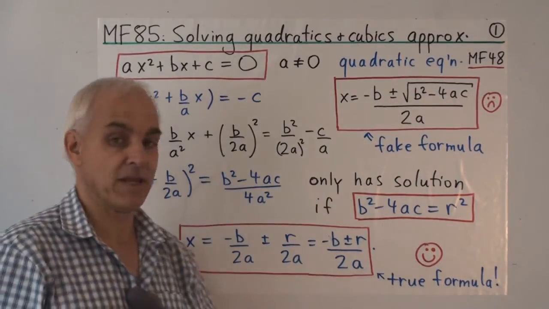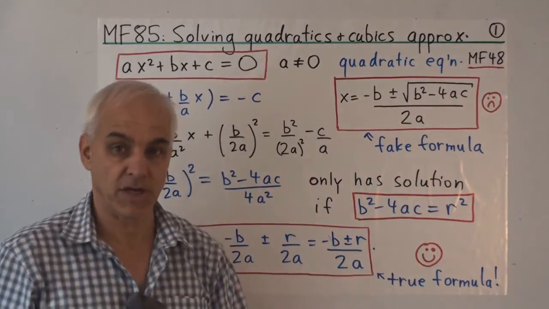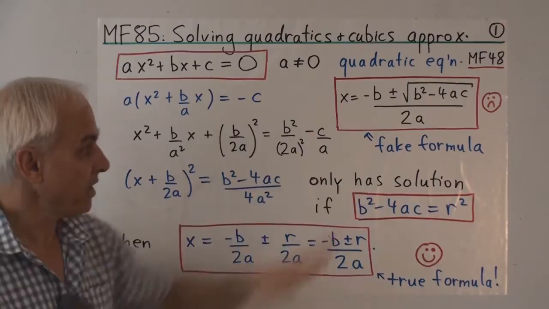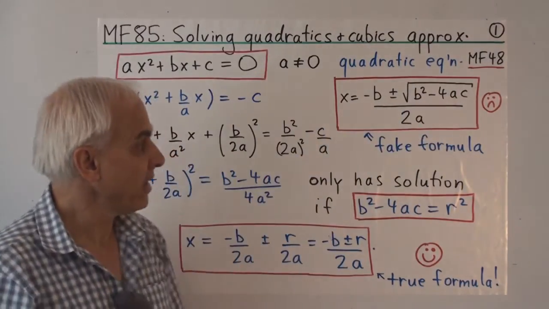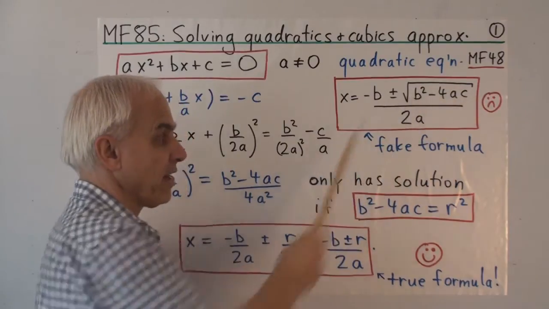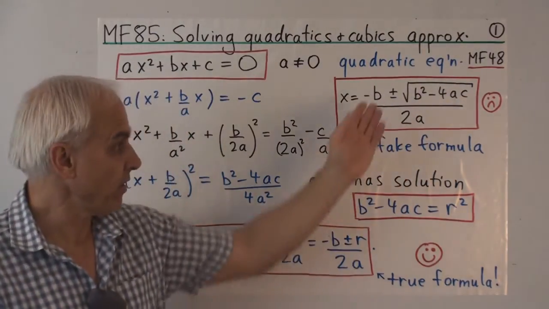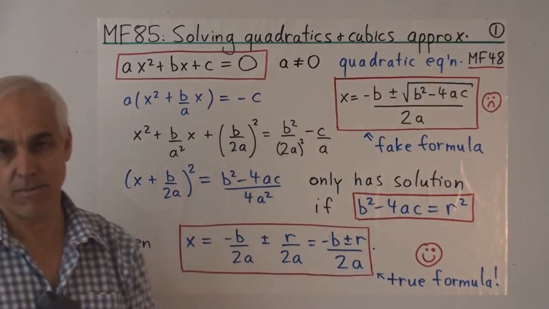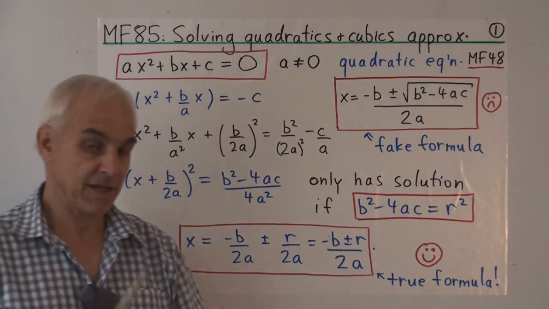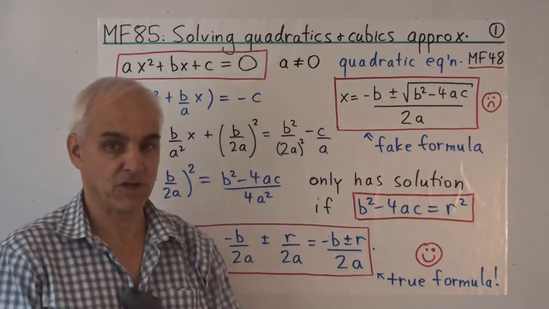But historically, for many years, that was not available, and so people would have just said, well, there's no solution in that case. But even if this is positive, it still might not be a square. For example, this might be 2 inside here, and then we're talking about something like the square root of 2 involved with these other numbers. And since square root of 2 is problematic, so is this kind of expression here.